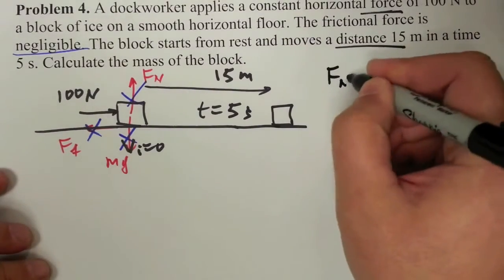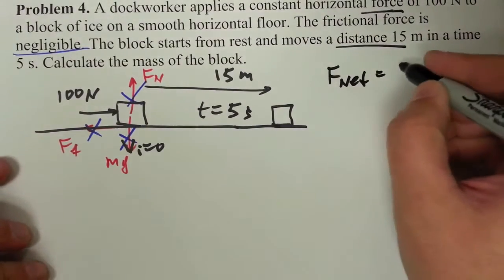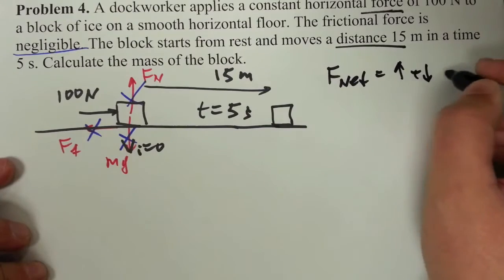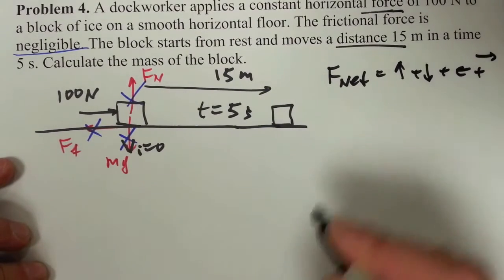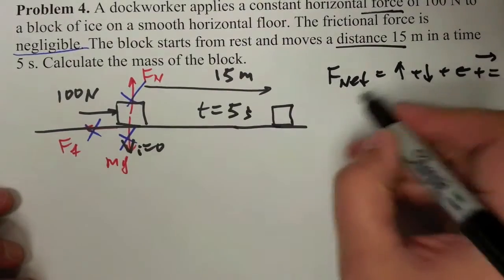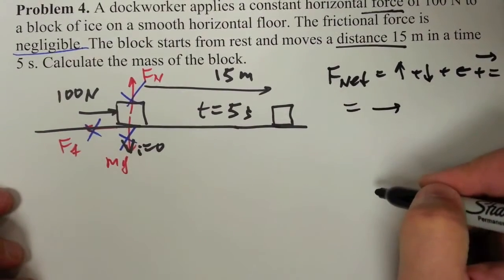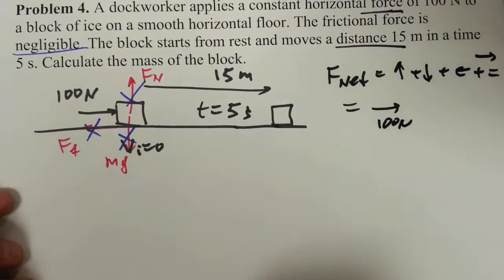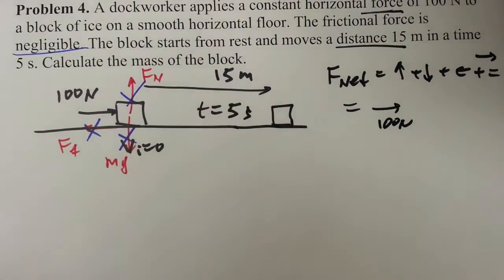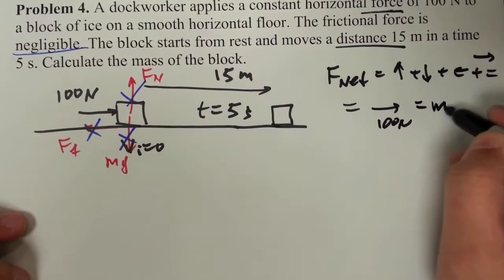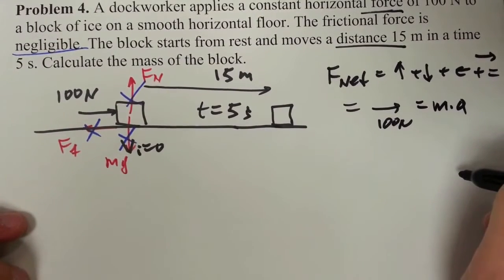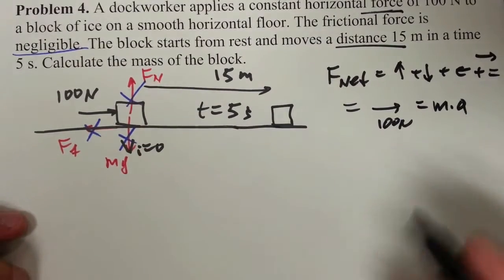So F net, which is normal plus gravity plus friction plus applied force, will be equal to just the applied force, which is 100 newtons to the right. And that, according to Newton's second law, should be equal to m times a. So if we knew the acceleration, that will give us the mass.